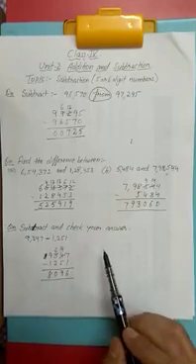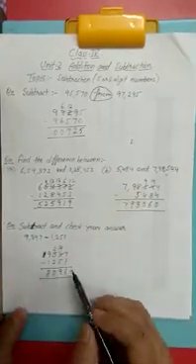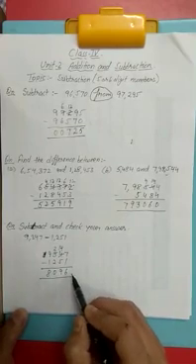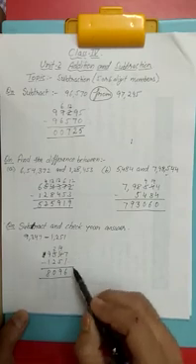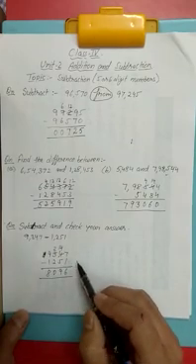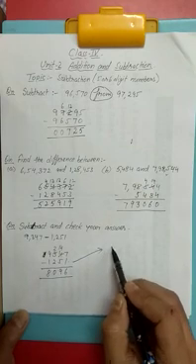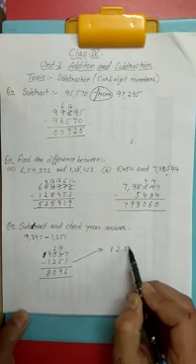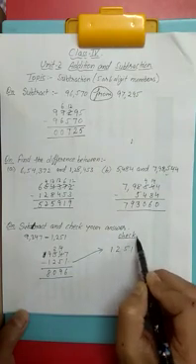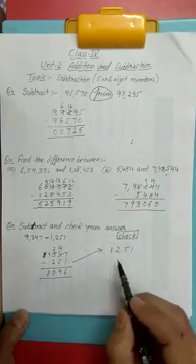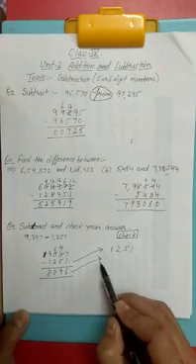Now you have to check the answer. What you have to do for checking is add the difference, that means the answer, and the subtrahend. So you have to add these two numbers. We will write it here, 1251, plus the difference.